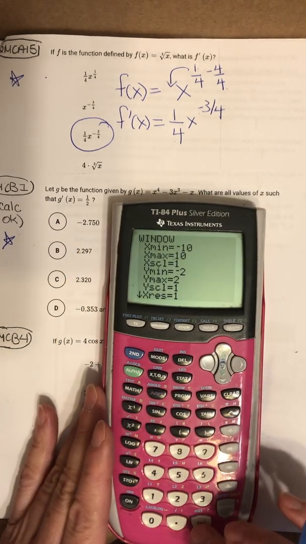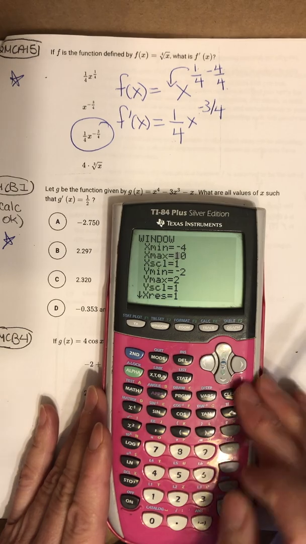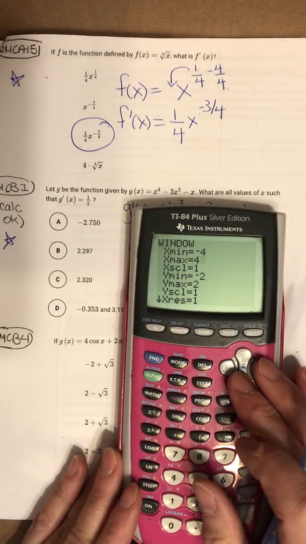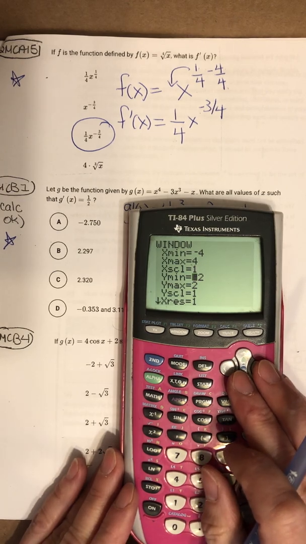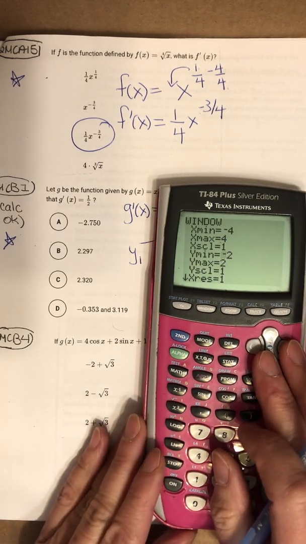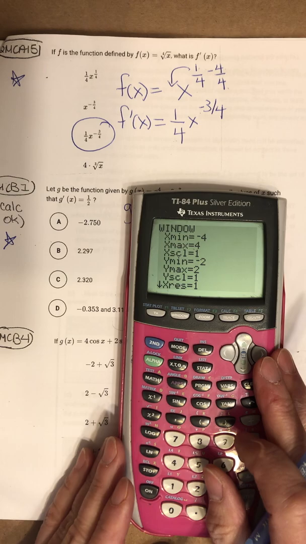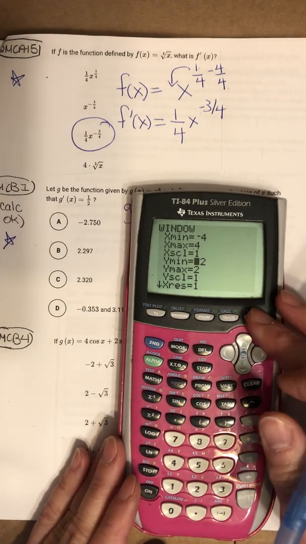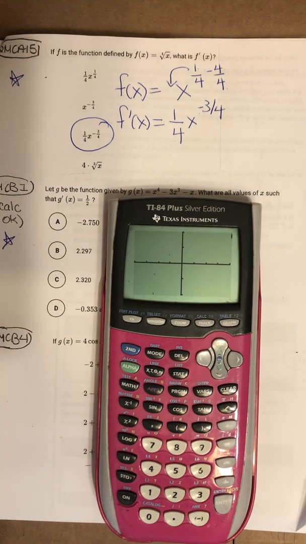I'm going to go from an x of -4 to 4, because none of my answers are outside of those x's. My y minimum, right, I have a y of 1/2, so I'll just go from y's from -2 to 2. And let's hit graph, and let's see if we can see that intersection point.